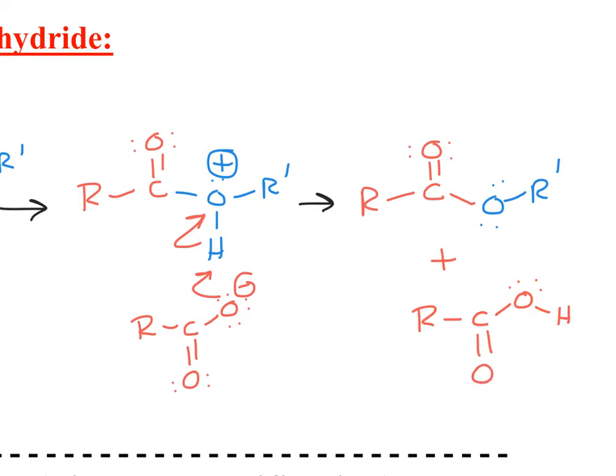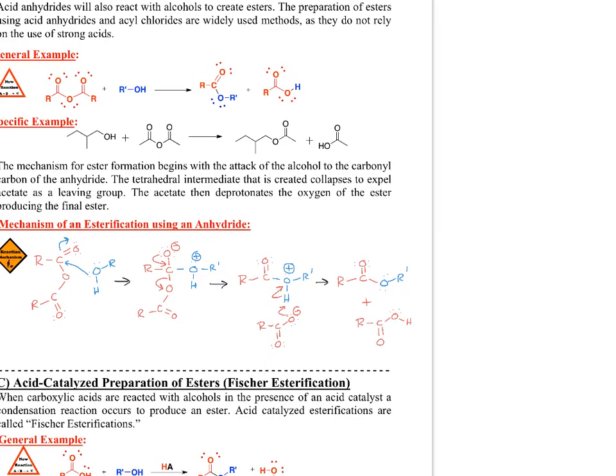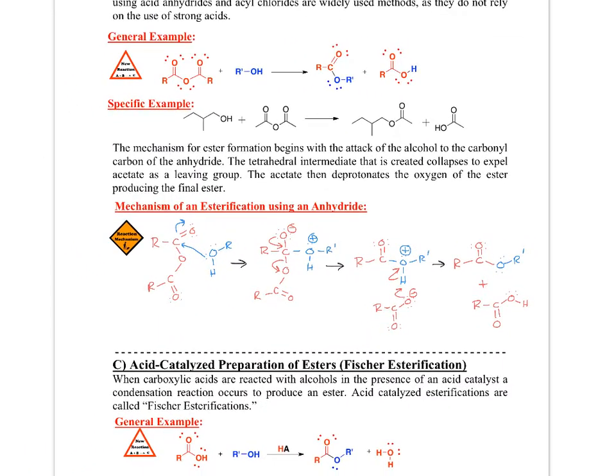So if we zoom out, you can see, again, no difference than our general mechanism. Nucleophile adds, we make a tetrahedral intermediate, it collapses, expelling this leaving group to give us, after deprotonation, our final product shown here.